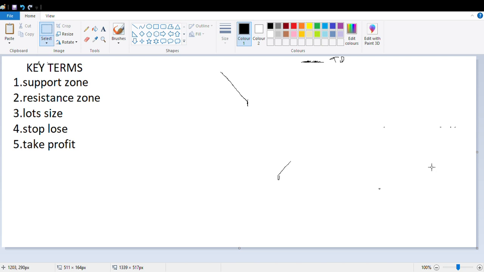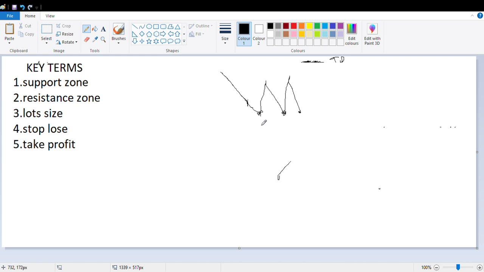The same thing, for instance, this is the first zone, and this is the second zone.